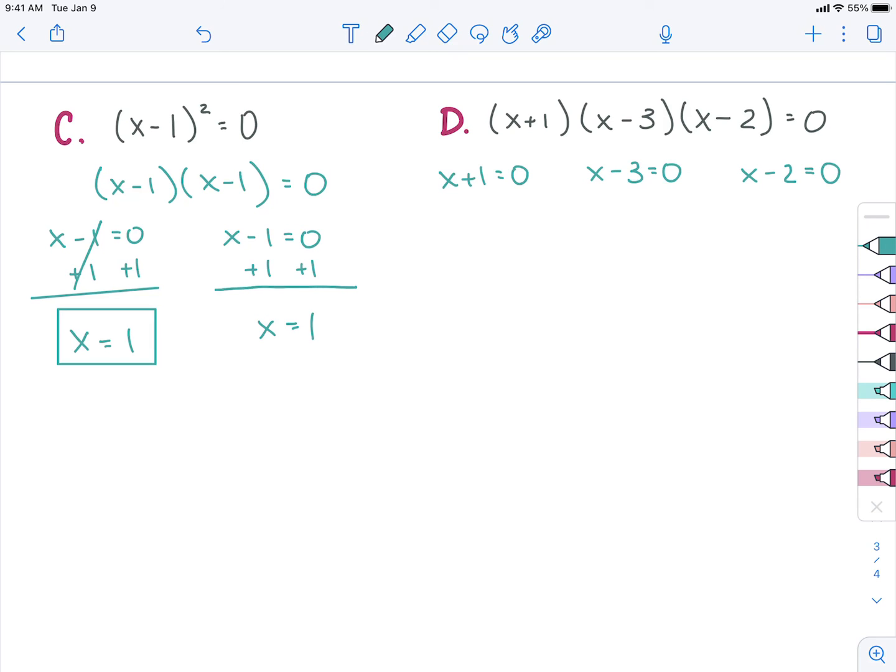Once you set each factor equal to 0, then you just solve each one to get all of your answers. I want to subtract 1. I get x equals -1. Then I want to add 3. I get x equals 3. And I want to add 2.